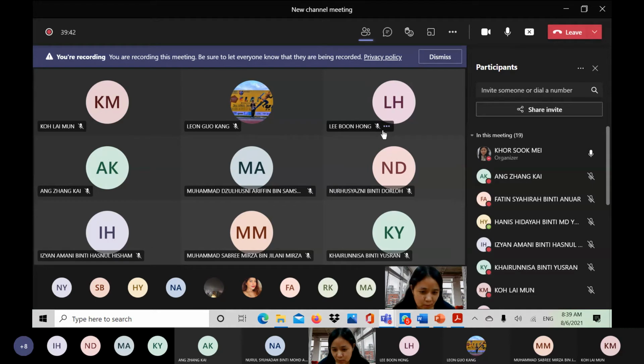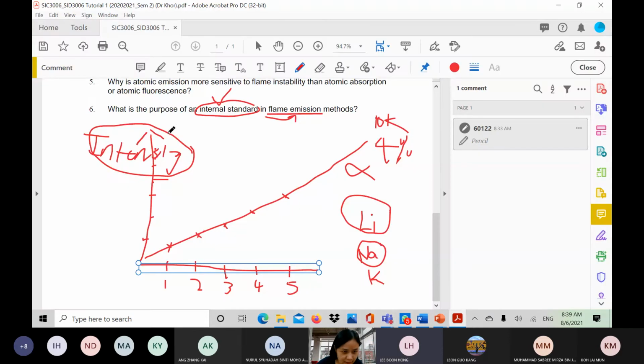How about Lee Bunhong? Yes, doctor, I'm here. Please help us: how to make these things relate to one another so that I can solve the problem from this environment. I want to be sure the signal change, the intensity of the emission line, is solely from the change of the concentration of my target analyte with regard to this internal standard.